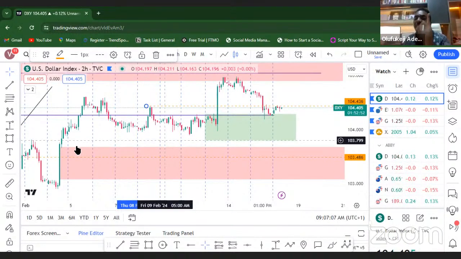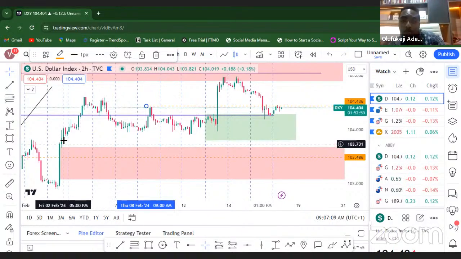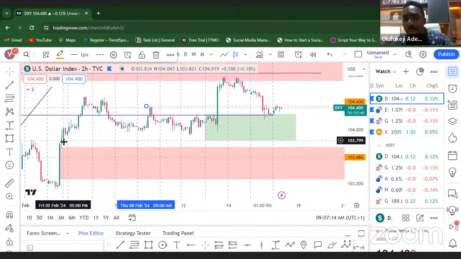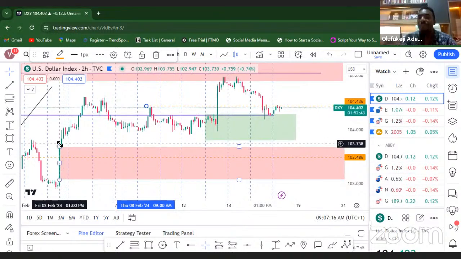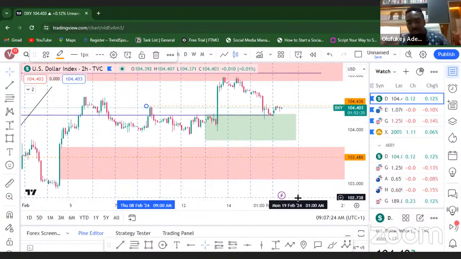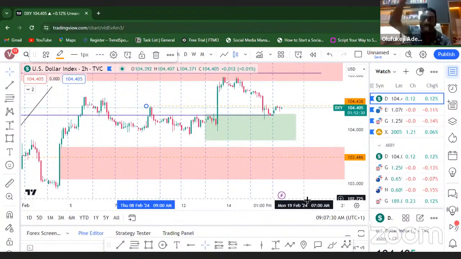Price is always going for fair value gaps or opposite liquidity. So it goes to that fair value gap, and after that, opposite liquidity. We don't know whether it will always go from opposite liquidity to fair value gap to opposite liquidity. It can go from opposite liquidity to a fair value gap and go back to target a sweep. But we just watch it using sentiment to know what will happen.